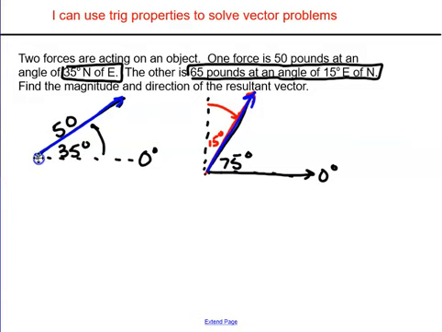Okay, now we're going to put those two together. So this is always a little tricky here. I'm going to take the end of this one here, 75 degrees. I don't know that that was much better than the first time, but we'll say that's 75 degrees. And by the way, that vector was 65 pounds.